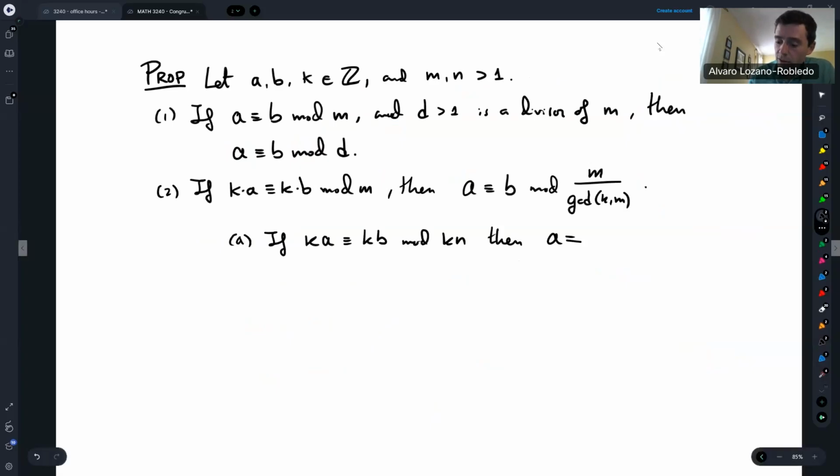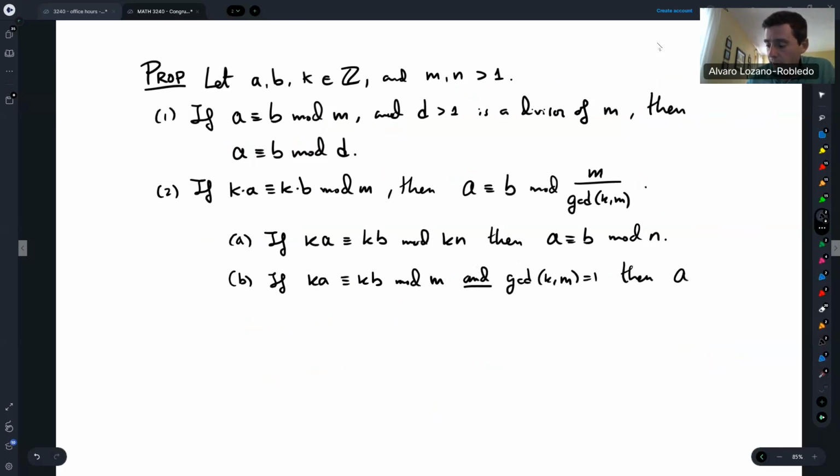So A is congruent to B modulo N. And if KA is congruent to KB modulo M, and the GCD of K and M is 1, then I do get that A and B are congruent modulo M. Those are just applications of that formula up there.